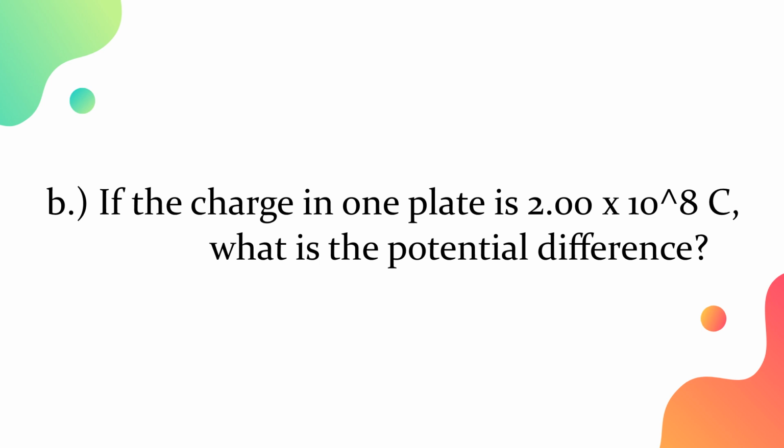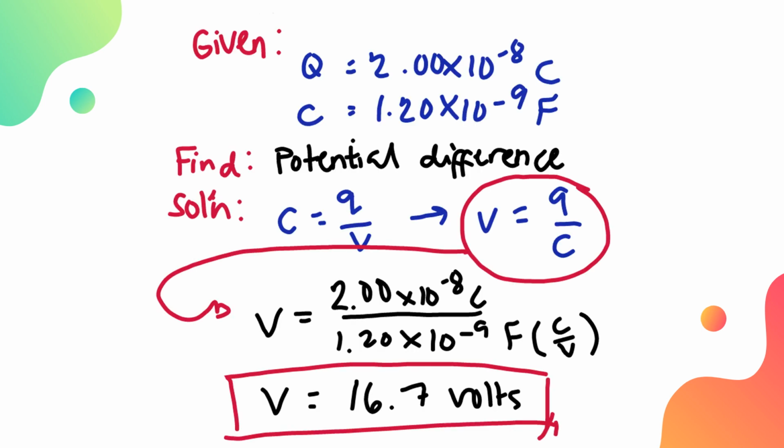Now let's move on to letter B. In letter B, it is said if the charge in one plate is 2.00 times 10 raised to negative 8 coulomb, then the potential difference may be computed using the formula. Again, the formula for capacitance: capacitance is equal to charge over the potential difference. So we're going to use the formula C equals Q over V in finding our potential difference, because we are asked to find the potential difference.